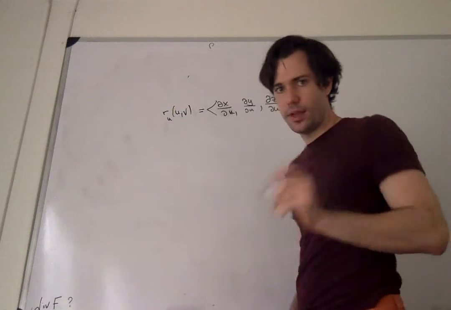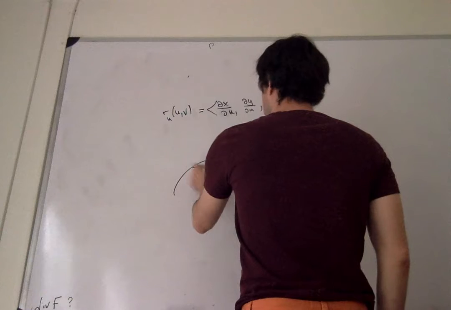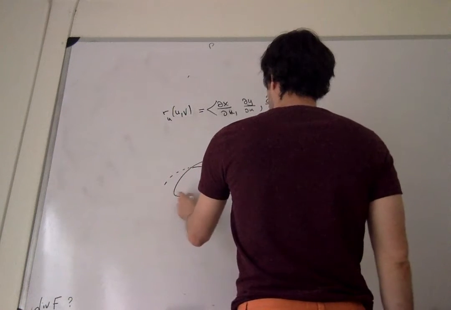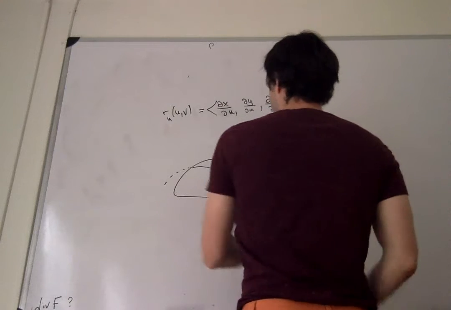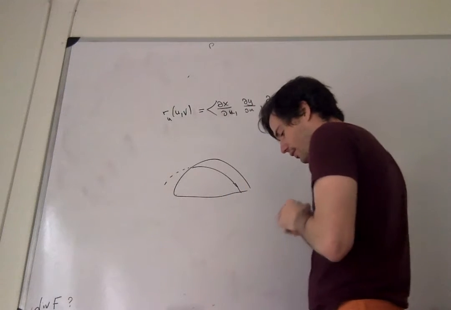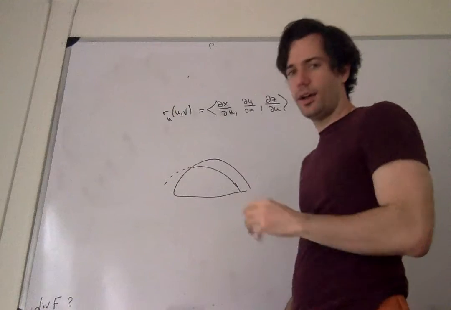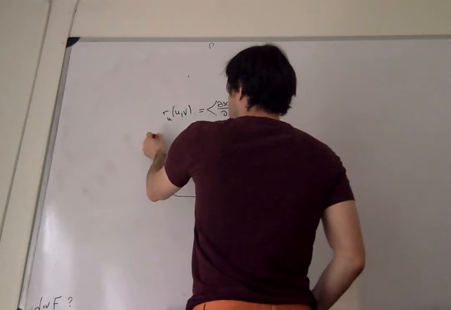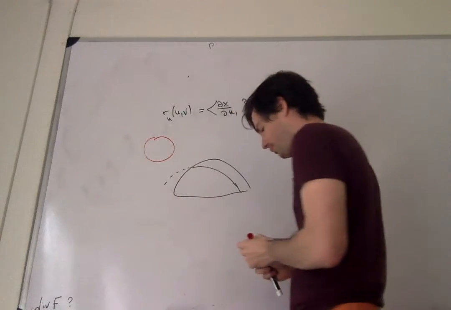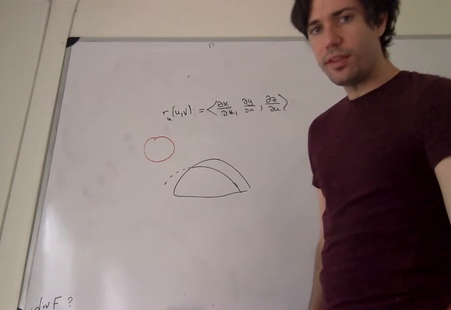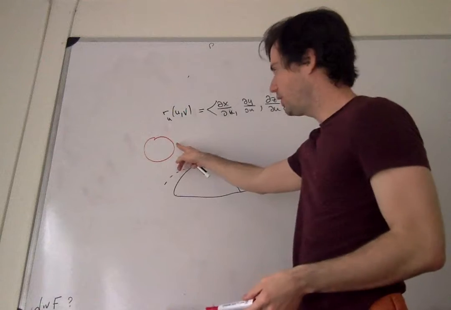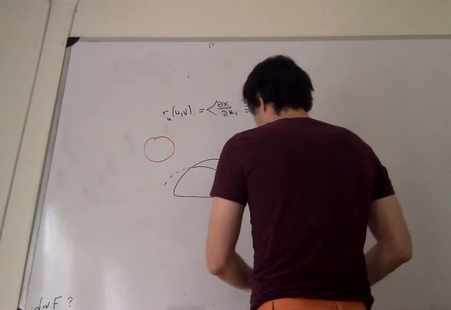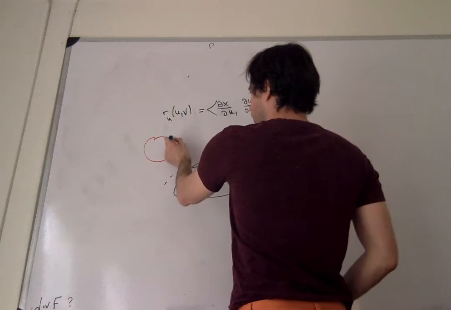And I will now tell you. So you have some surface, and before I get into this, let's consider just a simple circle. What is the tangent line to that circle at this point?